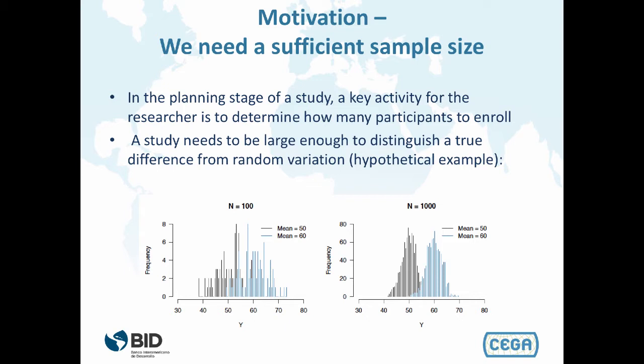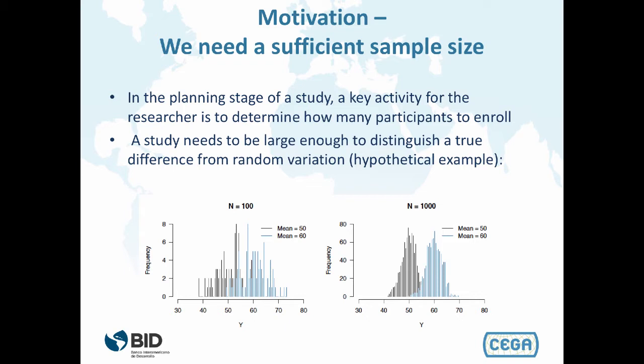Well, what we're going to do is we're going to look to see whether or not the distributions are separate. On the left, the black and the blue distributions overlap, so we really don't know whether that 10 is really statistically significant or not. On the right, the blue distribution seems to be separate and further to the right than the black distribution.